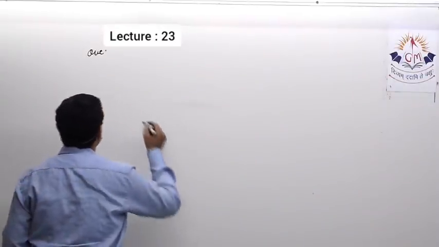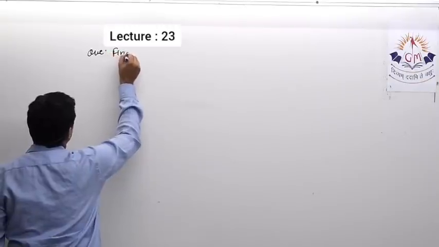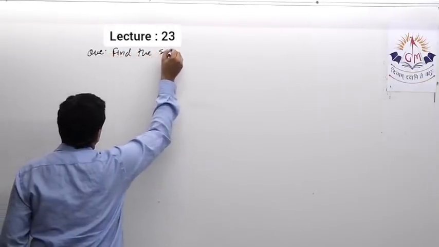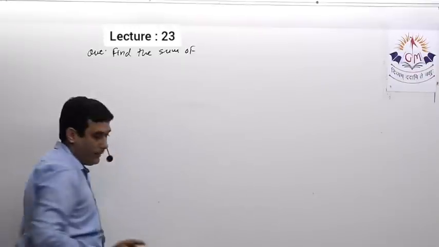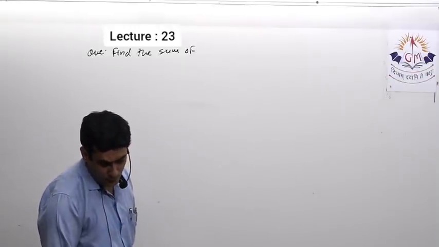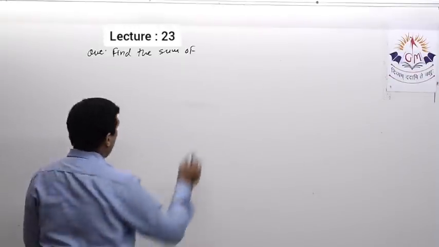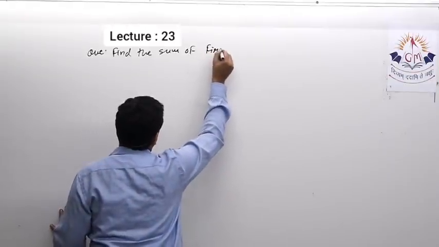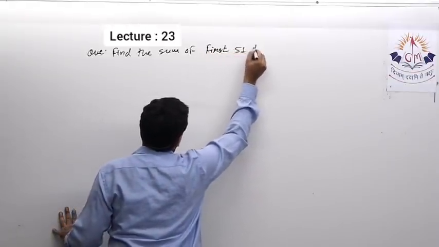So here it is given, find the sum of first 51 terms of an AP.